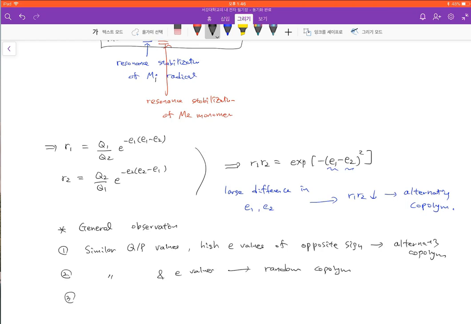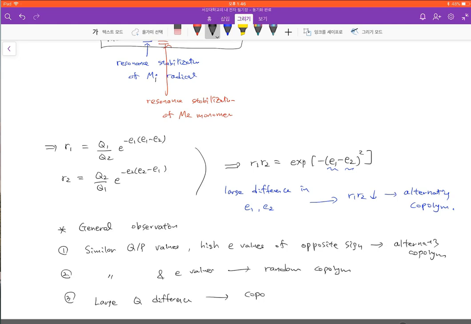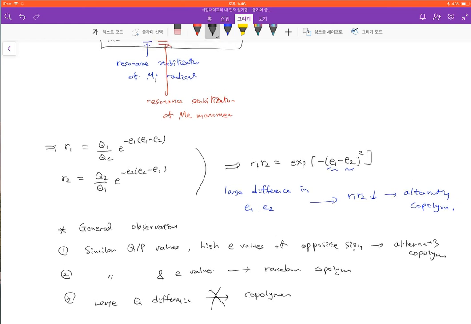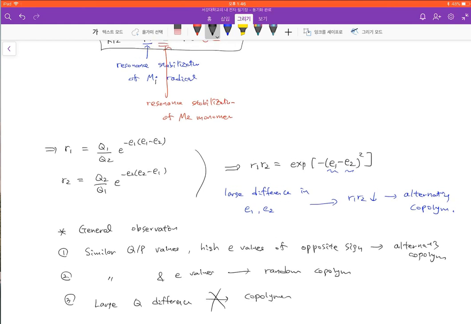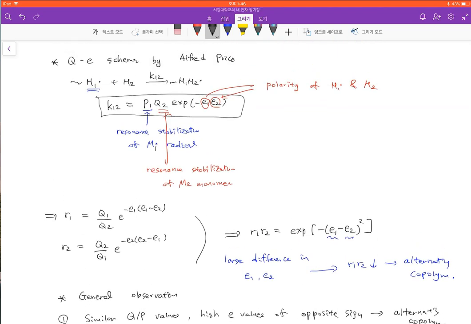Similar Q and similar e values give random copolymer. Finally, a large Q difference does not give copolymer.